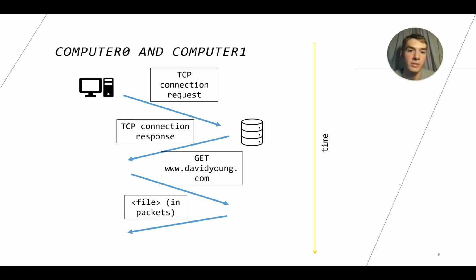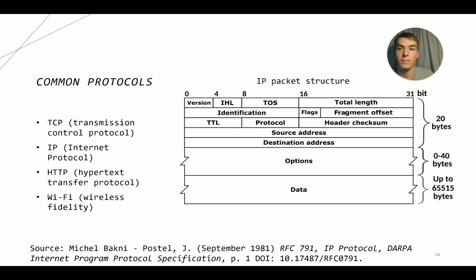This is not a real website. And then computer 1, in response to that, is going to send the file over in a specific format so that computer 0 can read that file and turn it into something meaningful for the user. This is sort of similar to the Alice and Bob example, except it's a little bit more stringent, and the way that the computers communicate is a little bit more strict, but the same logic applies.